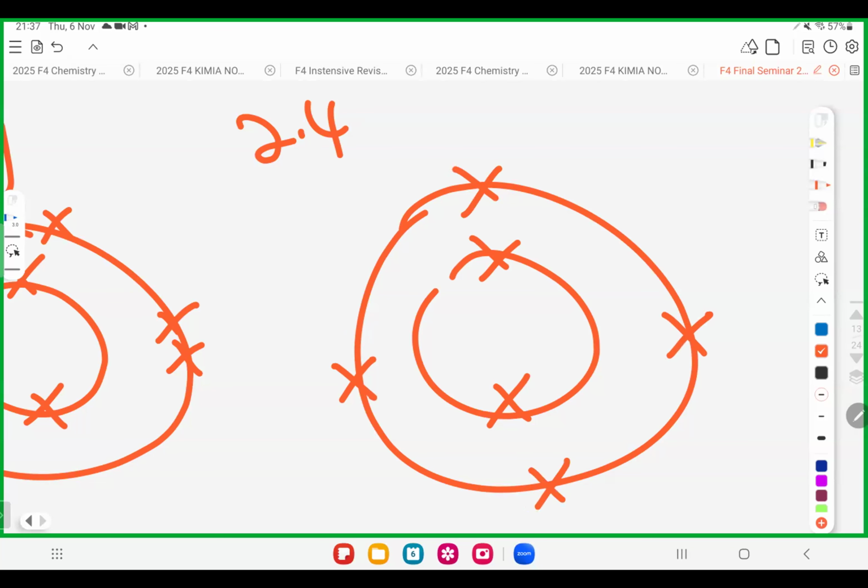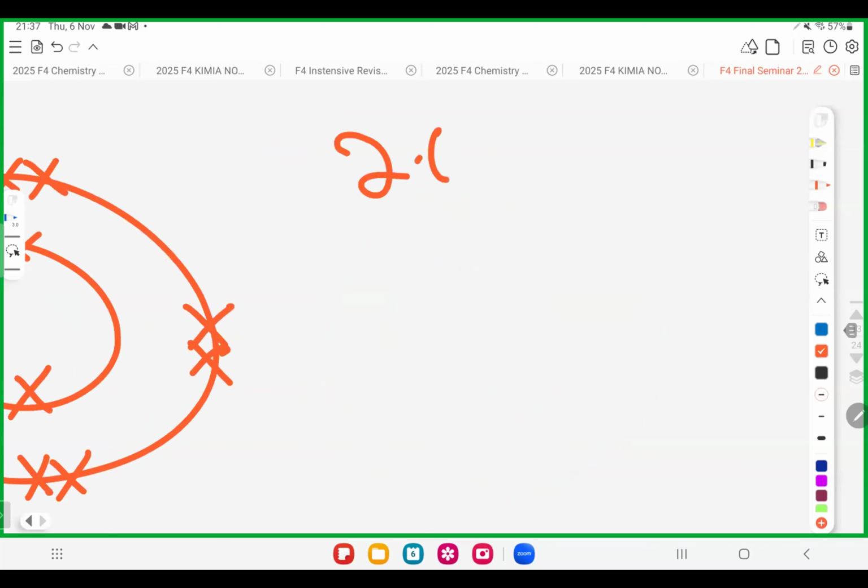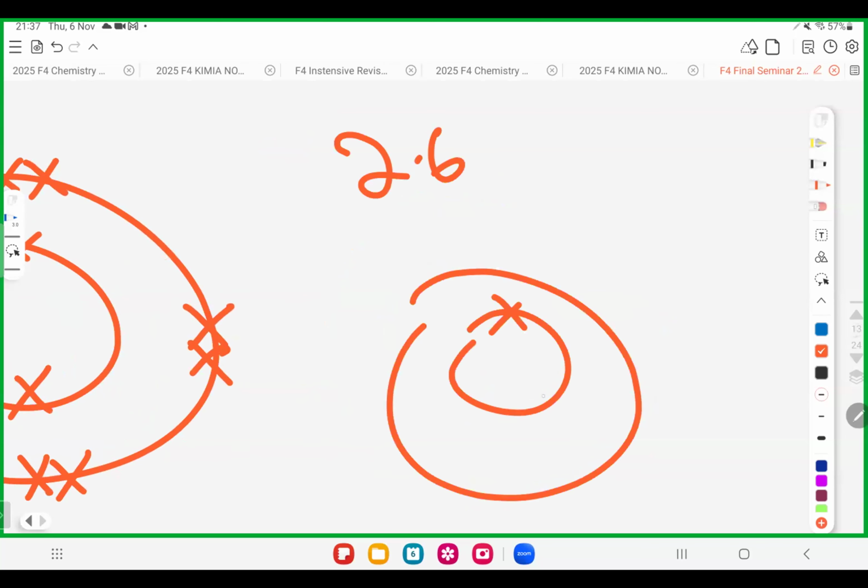Then only the fifth electron can be in any place, here, here, here, or here. Is it okay? Fifth, sixth electron opposite, then 7 and 8. Understand? So if today I ask you to draw 2.6, you don't draw it like this, 1, 2, 1, 2, 3, 4, 5, 6. That is wrong.